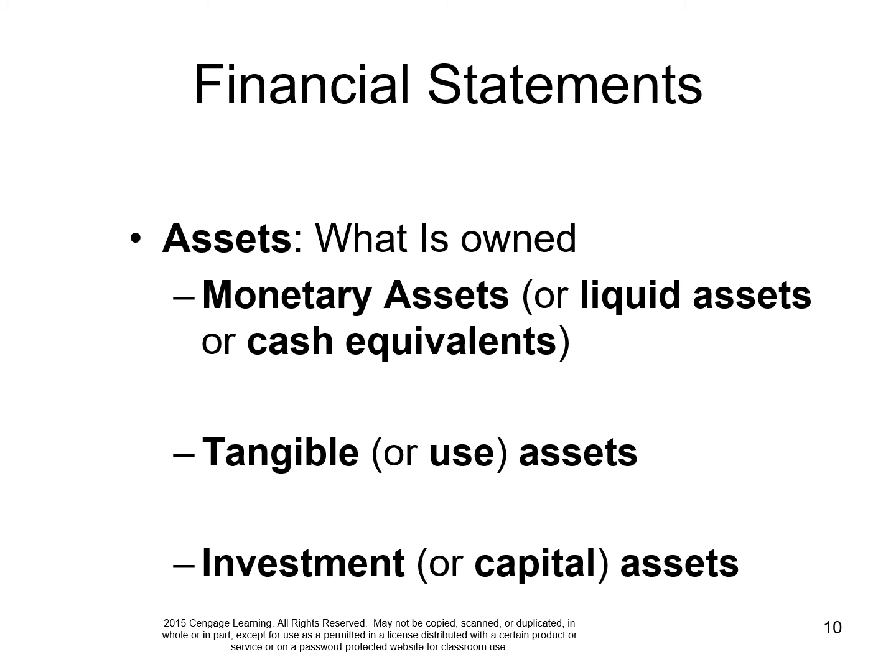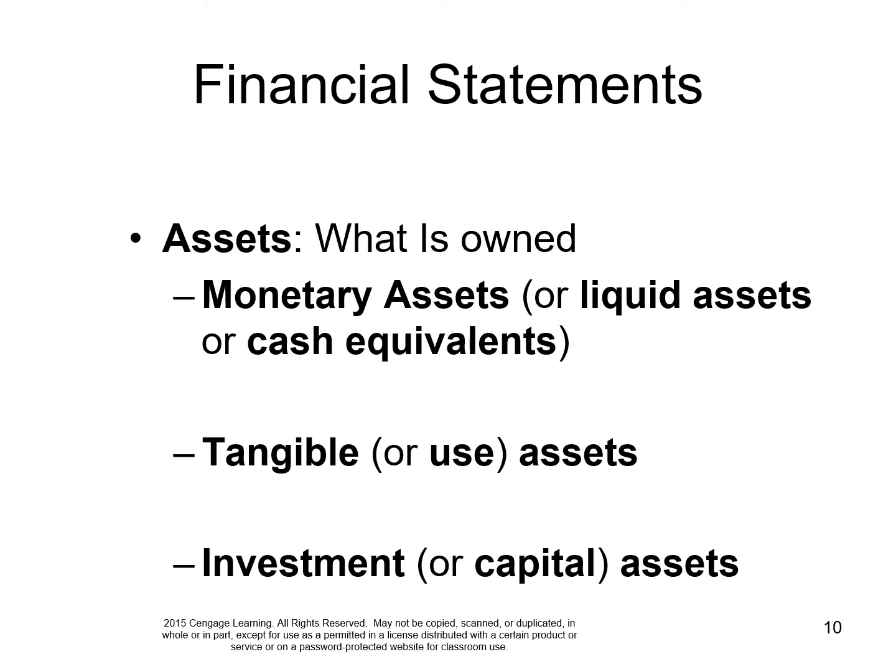Something like a home, that you might have to sell to get some value back out of it, that is not a liquid asset. So monetary assets are cash or cash equivalents, checking accounts, savings accounts, those sorts of things. Tangible assets, or use assets they might be called, are other things that you own that are physical.